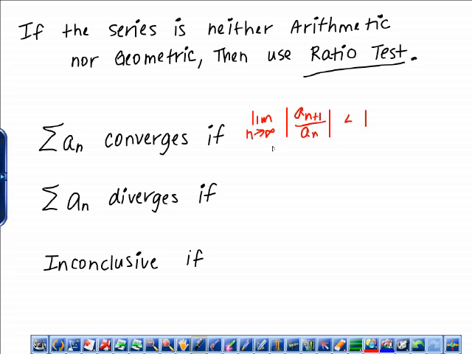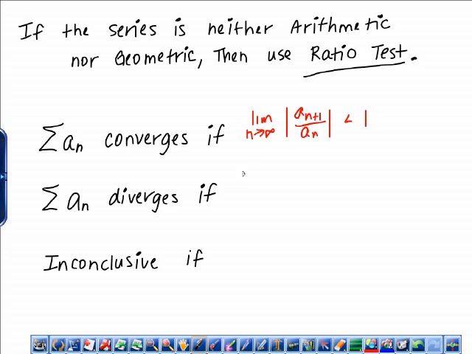But if, as we go out to really large values, the next term is smaller than the previous term, then this will give us a ratio that's less than 1, and we're using absolute values so that we don't have to worry about positive and negative. So hopefully that sheds a little bit of light on it. This is something, though, that is kind of confusing because it's a lot of notation.